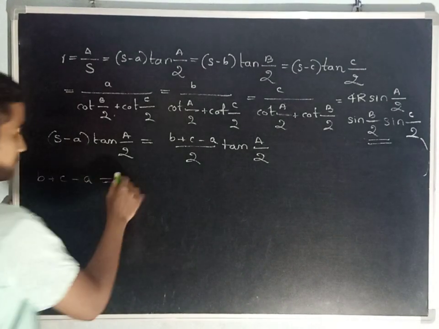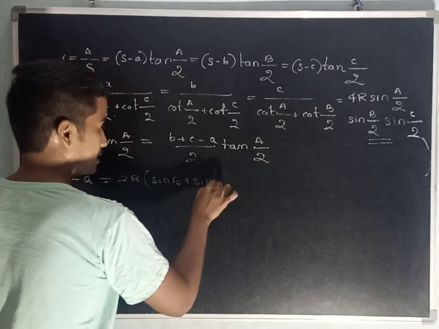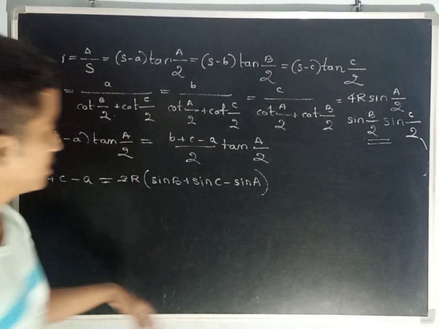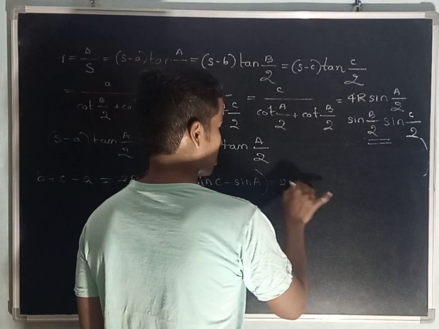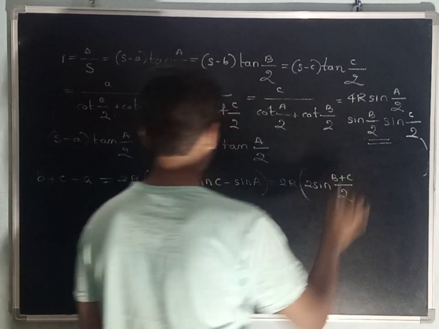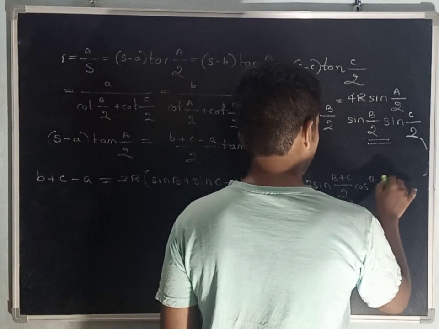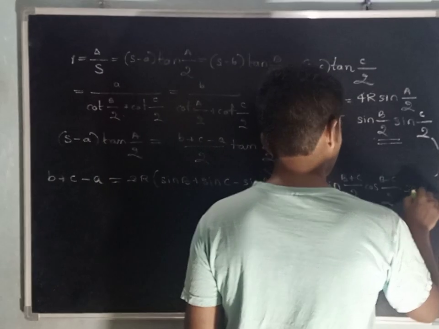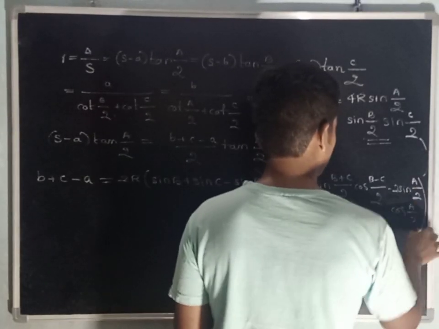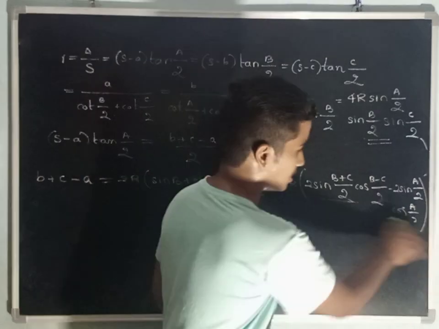B plus C minus A can be written as 2R into sin B plus sin C minus sin A. Okay? Which is equal to 2R into 2 sin B plus C by 2 cos B minus C by 2 minus 2 sin A by 2 cos A by 2. Okay? Cos B plus C by 2 is nothing but cos A by 2.